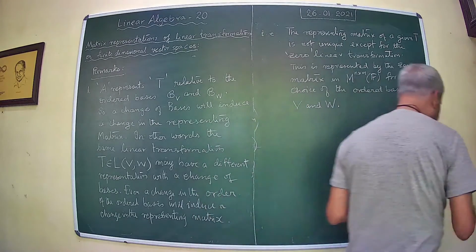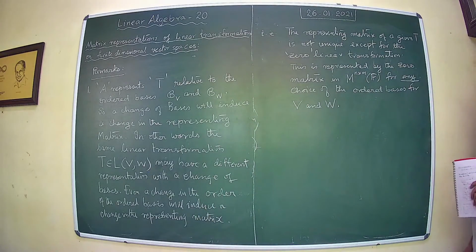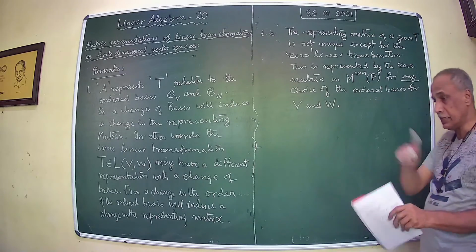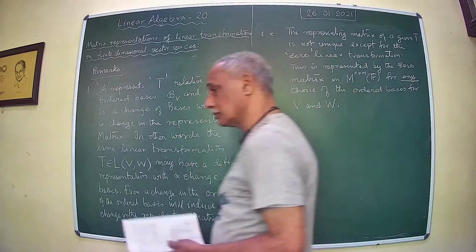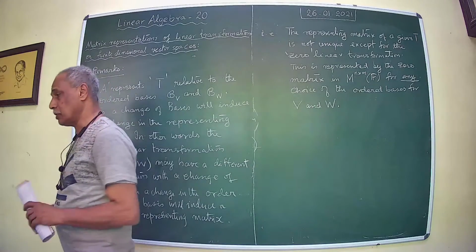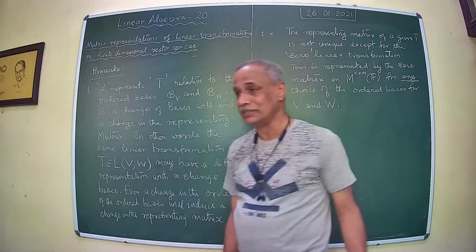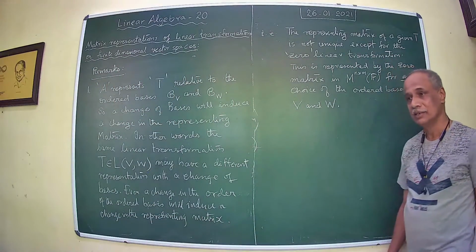In all other cases you get a different matrix. Even an interchange of the order or a change brought in the choice of the basis, the ordered basis, makes a change.